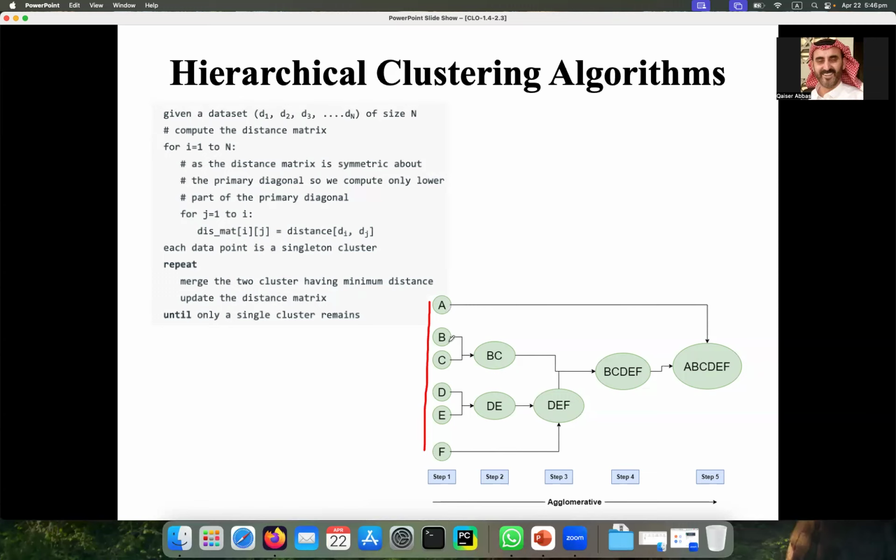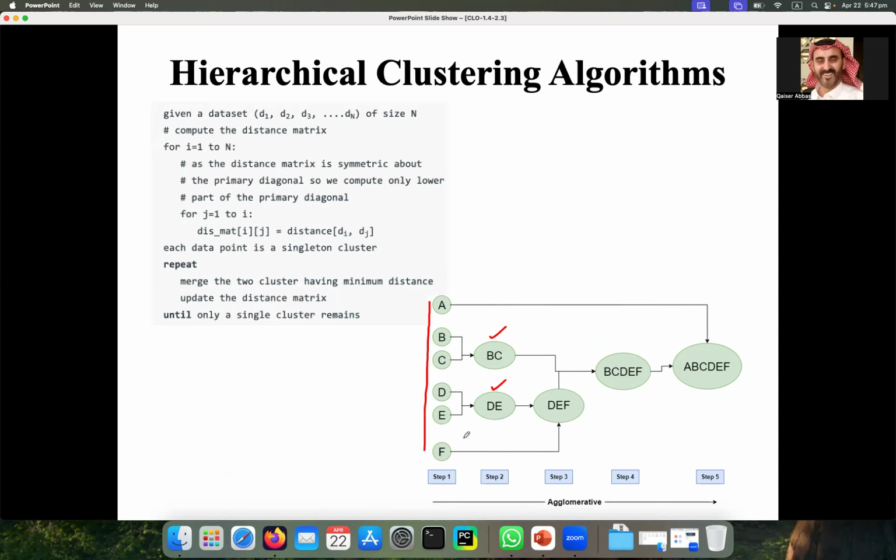For example, this B and C has the minimum distance. So that's why you are going to merge B and C. And similarly, D and E also has the minimum distance, so you are going to merge D and E. And after that, what is left in your clusters? A is left, B, C is left, D, E left, and F is left.